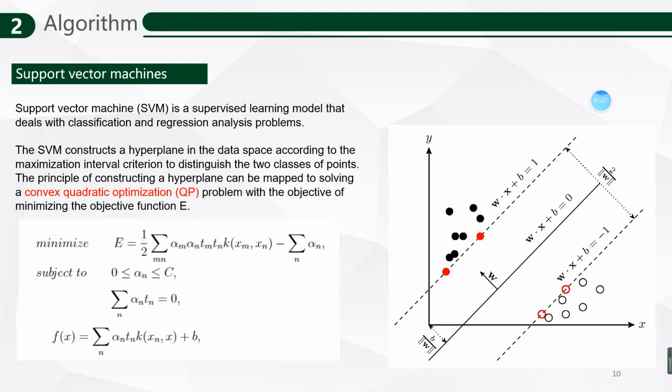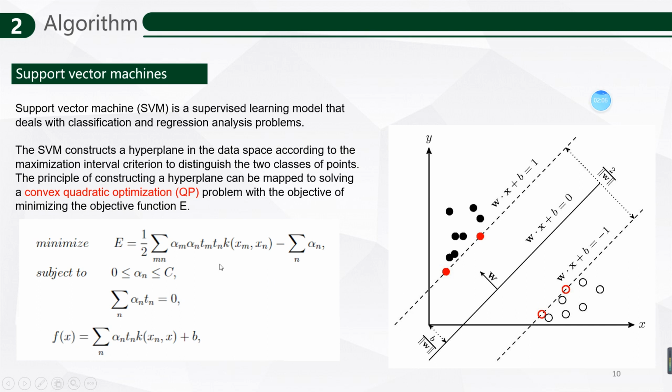Then for our methods, we choose support vector machines for the aerodynamics classification problem. And to shortly conclude, the algorithm is that the support vector machine constructs a hyperplane in the data space according to the maximization interval criterion to distinguish the two classes of points, as the hyperplane here distinguishes the black dots and white dots on the figure.